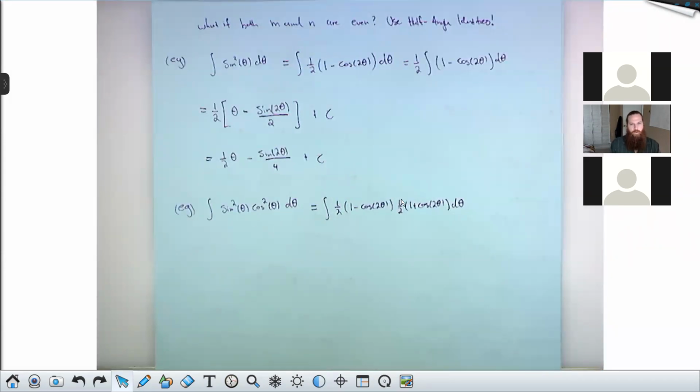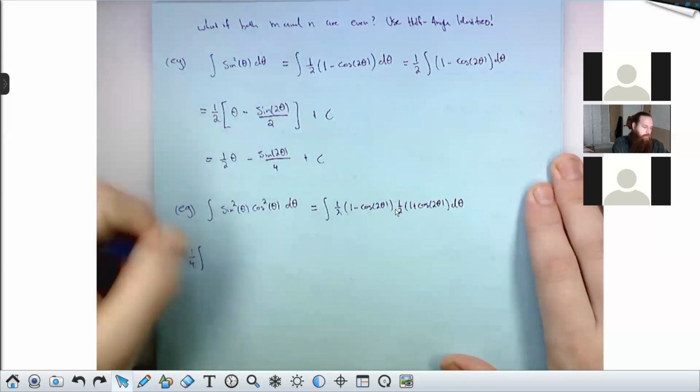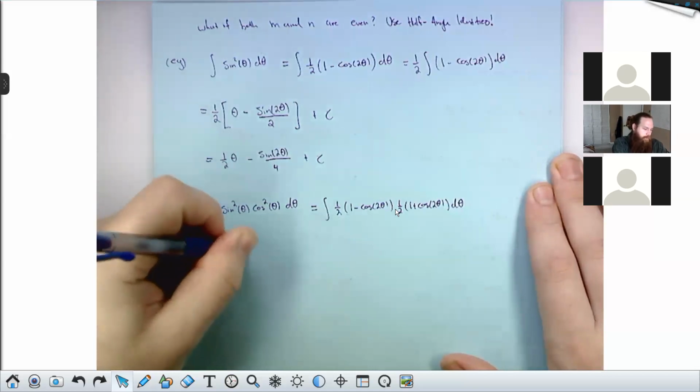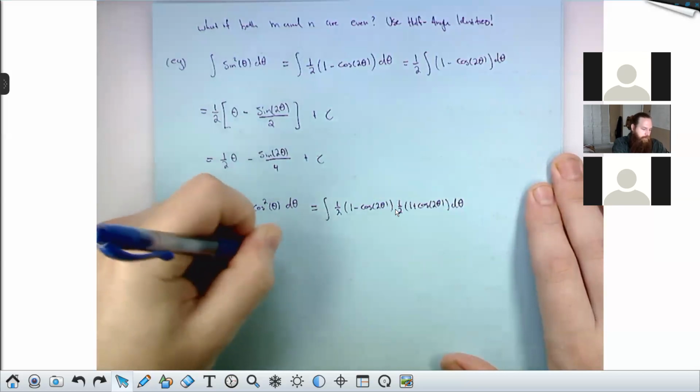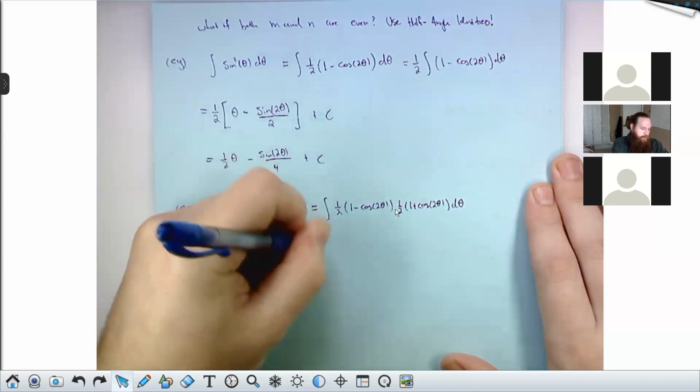All right, so 1/2 times 1 minus cos 2 theta, that's sine squared theta. 1/2 times 1 plus cos 2 theta, that's cos squared theta. Now I'm going to gather these constants out front. 1/2 times 1/2 is 1/4, and I'm going to FOIL what's inside. So I'll have 1/4 integral 1 minus cos 2 theta times 1 plus cos 2 theta, like this.